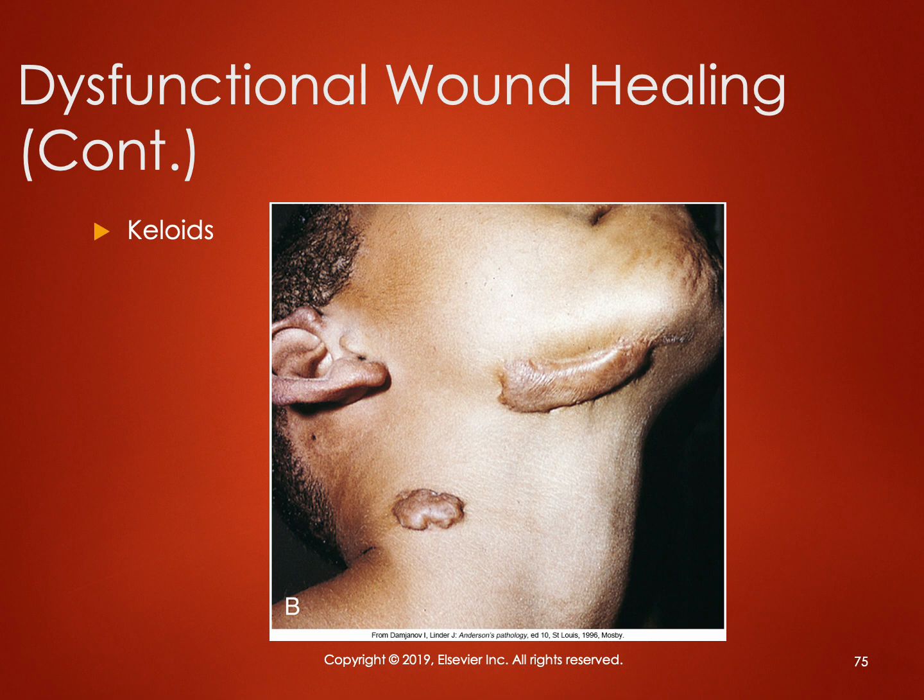Here is a picture of an individual who developed keloids. Keloids is where you get scar tissue formation where there was a wound, and it starts to proliferate like you see here. Keloids are also common in African Americans.